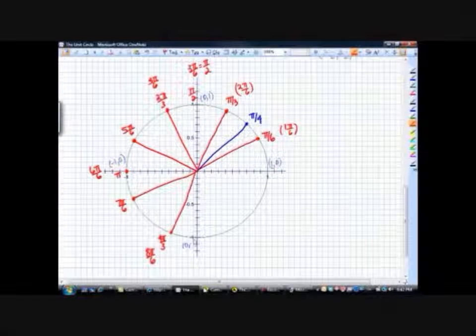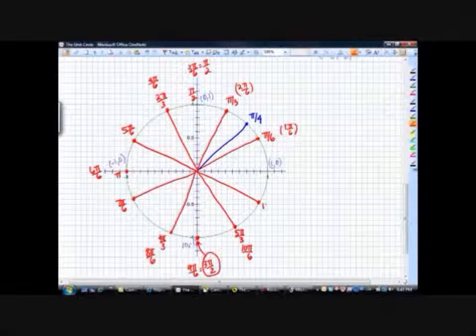Then we've got 9 pi over 6, which reduces to 3 pi over 2, which sounds familiar. That's what this is. Then we've got 10 pi over 6, which reduces to 5 pi over 3, and 11 pi over 6. Then you get back around to 0, or 12 pi over 6, which reduces to 2 pi.